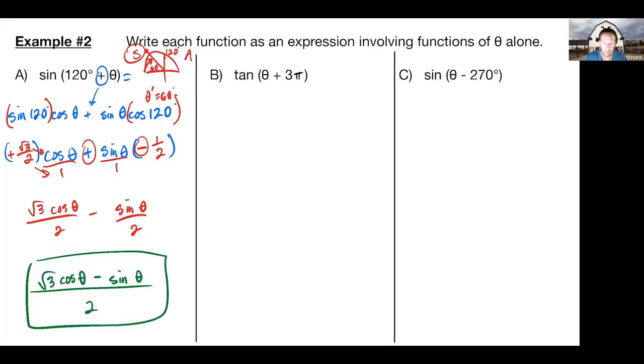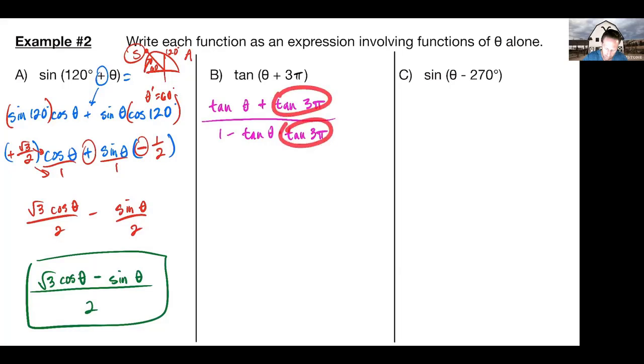No pun intended. All right, tangent of theta plus 3 pi. So that means, remember, you cannot distribute a trig function. This is the a plus b identity, the sum identity for tangent, which would yield. So remember, what we're trying to evaluate is the one that we actually can. We don't know what theta is, so those are going to stay.